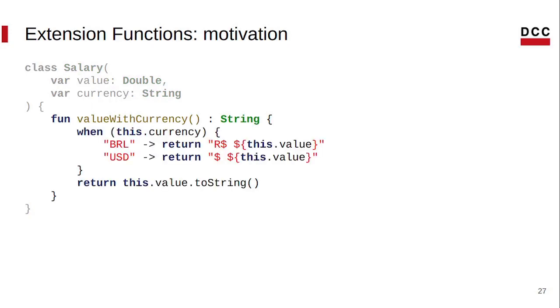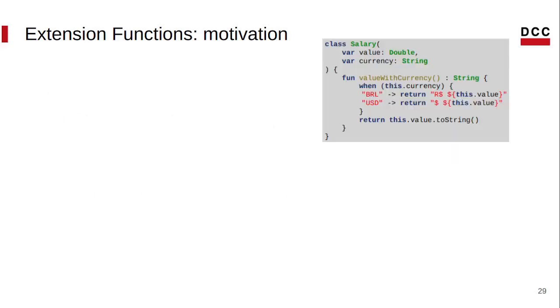We will put here the when condition that defines which symbol we are going to use. So we will return a string with the currency symbol and the salary value. Our salary class is done.